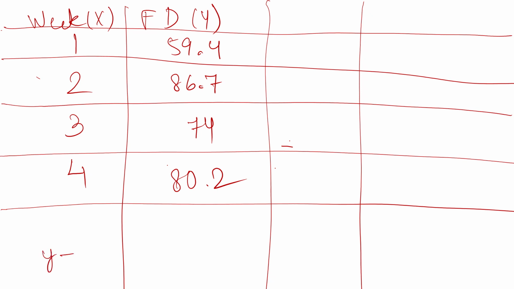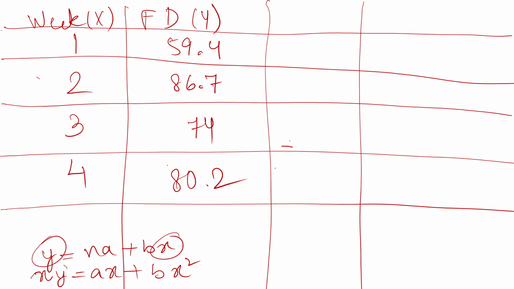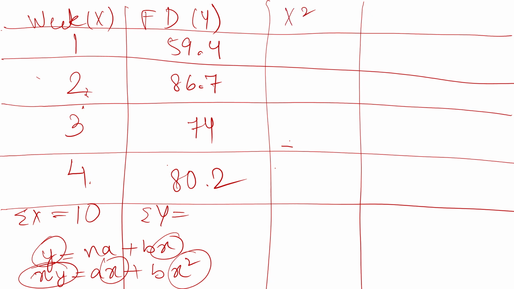Now, when we have to solve the regression equations, let's write them here. We need Σy = na + bΣx, and Σxy = aΣx + bΣx². What all summations do we need? Σy, Σx, Σxy and Σx². Σx will be 4 plus 3 is 7, 7 plus 2 is 9, and 10. Then we can calculate Σy. Then Σx²: 1, 4, 9, 16, and we'll calculate Σx².